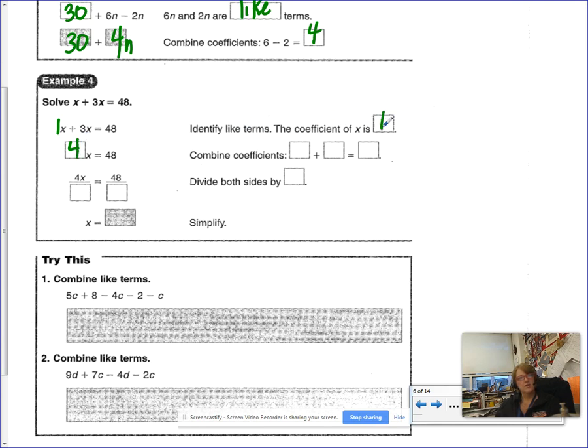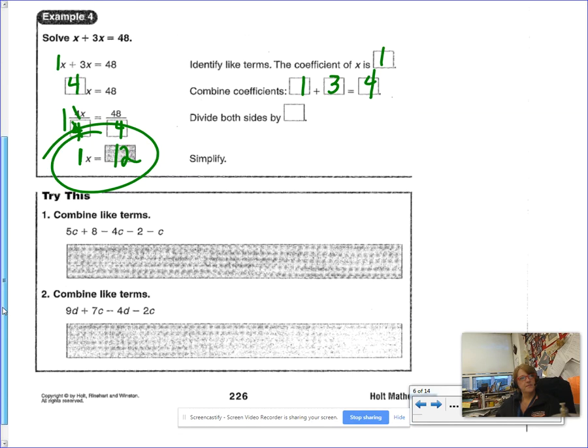The coefficient of this one was 1. 1 plus 3 is 4. Now, you always want to find the variable, get it on one side of the equation, and get it alone. Because 4x means 4 times x, we're going to undo that multiplying with divide. Divide by 4, divide by 4. 4 divided by 4 is 1, so I have a 1x. My answer is 12.